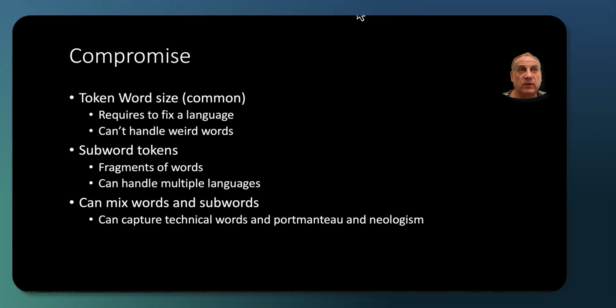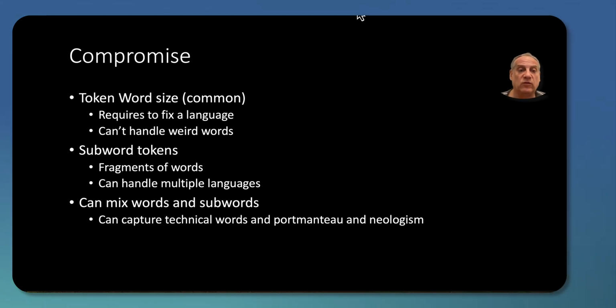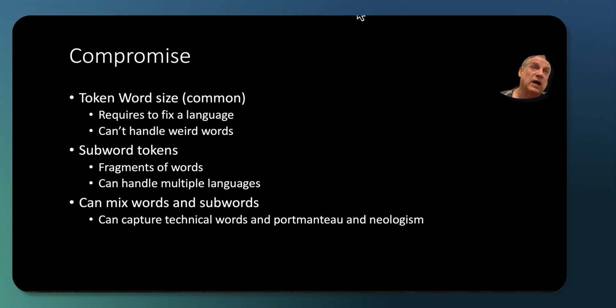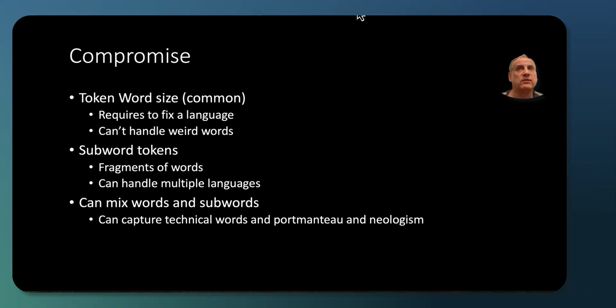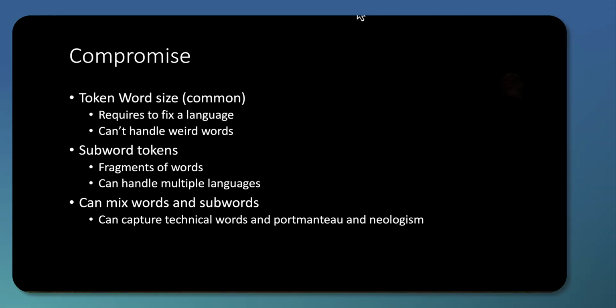Subword tokens are becoming quite popular, and then actually somewhere between the two. Like we can take the most common words and represent those, and then everything else use the subword tokens. And that'll limit our vocabulary. We won't have as huge a vocabulary to deal with. But at the same time, we won't be forcing our model to be able to represent these words that are very, very common.